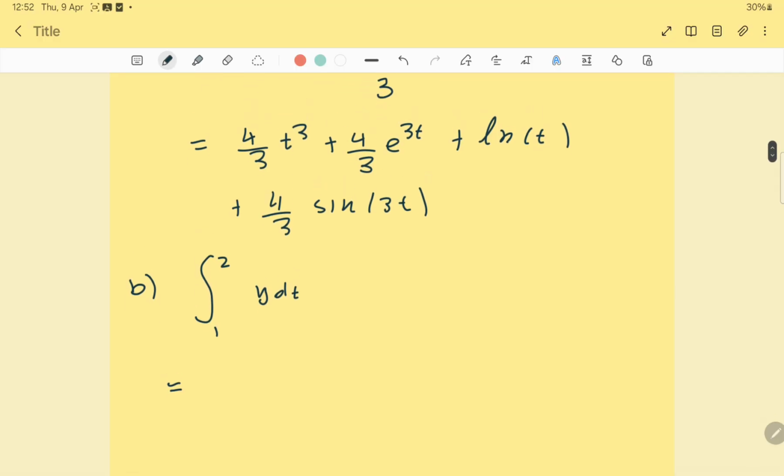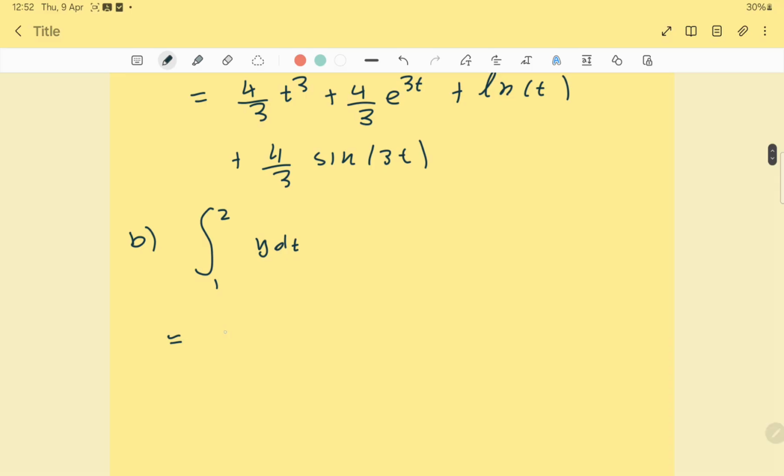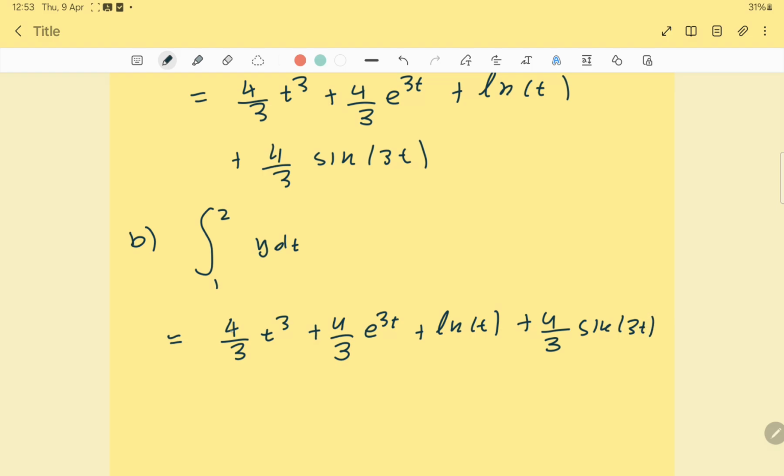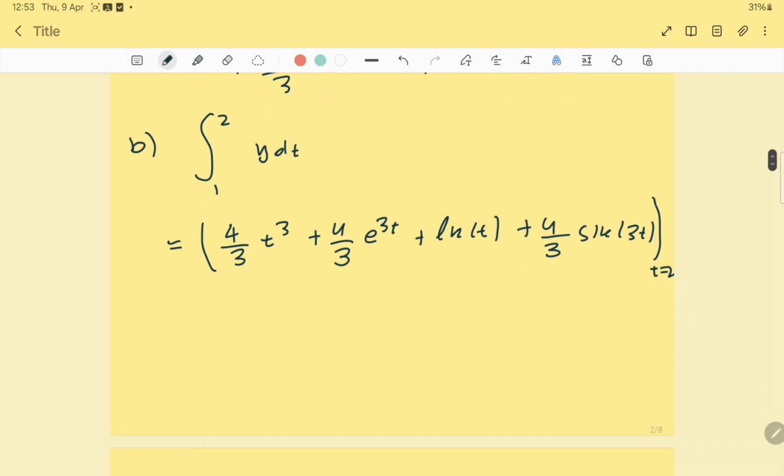What we have to do is to take this function and evaluate it for t equals 2, and then minus evaluate the same function for t equals 1.